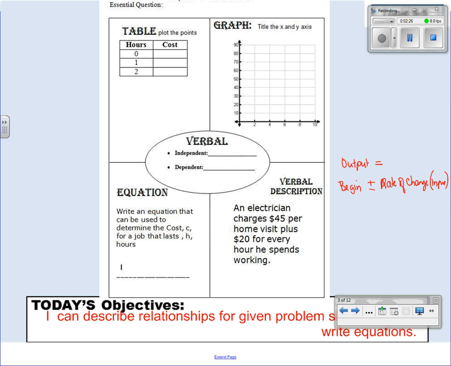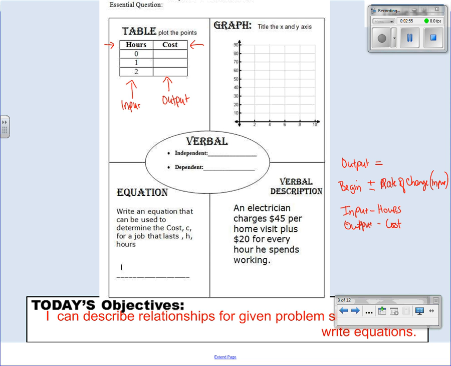One of the things that you can tell in our table, look at our table, that gives us an input and an output. So we know in this situation our input is hours and our output is the cost. Actually, I'm going to go up here and label. Here's our input. This is our output.